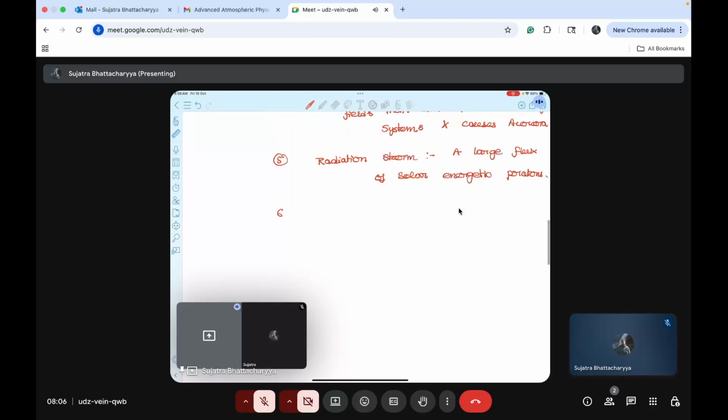And the last is the radio blackout: an enhancement of the lower ionosphere as a result of X-ray flares. Okay, so these are a couple of space weather events.